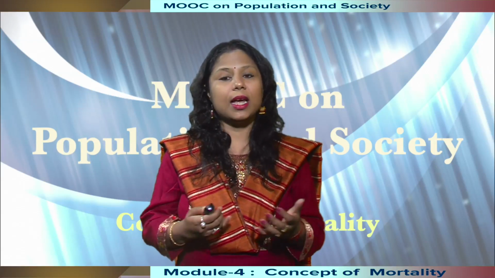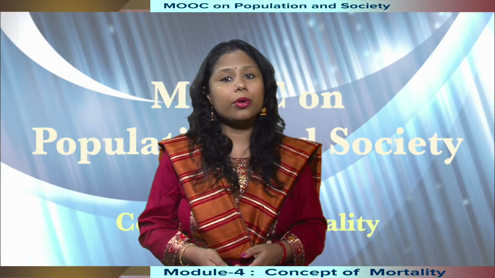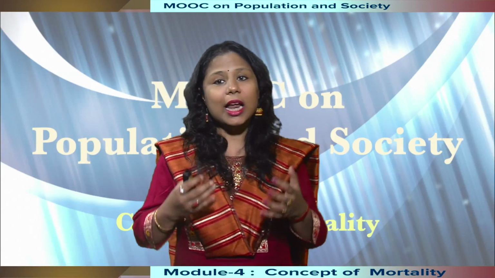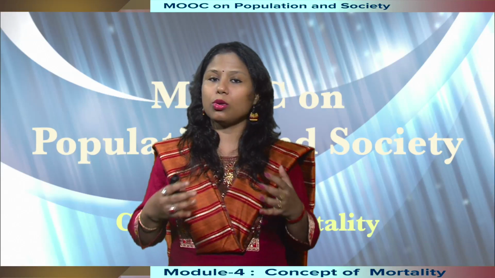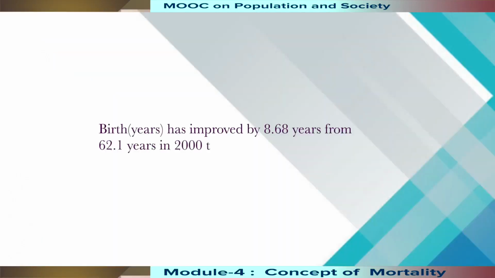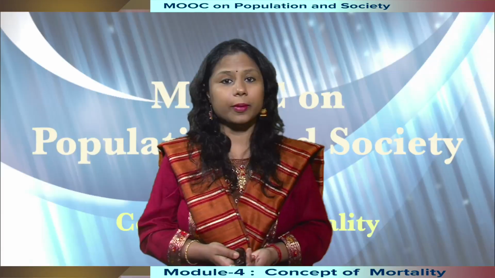However, infant mortality rate is still higher, especially in the poor income countries. Now, coming to the Indian context, life expectancy at birth has also improved in the case of India. It has improved by 8.68 years, from 62.1 years in 2000 to 70.8 years in 2019. This indicates higher longevity and lower mortality rate in the Indian context.